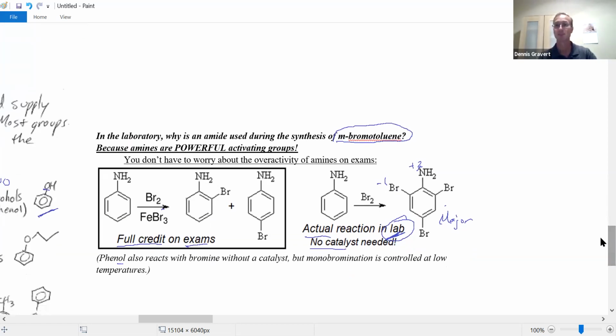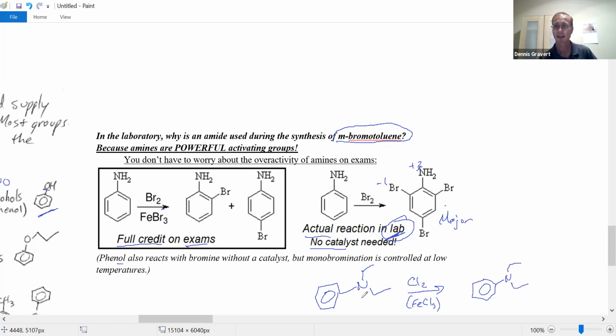All right, so just to summarize, you should be aware that aniline or any of the amines attached to benzene, if you don't want to add the catalyst, you don't have to. It'll go just fine.